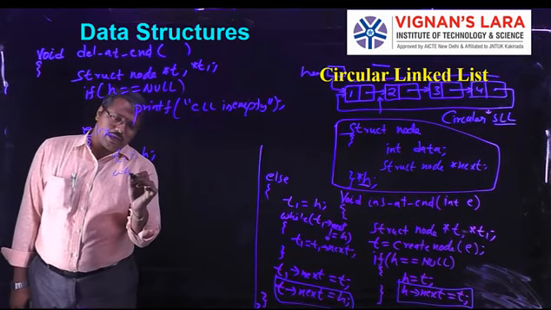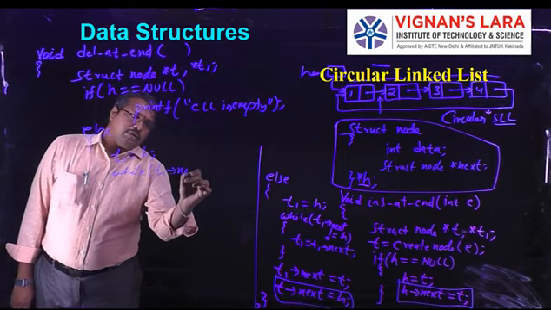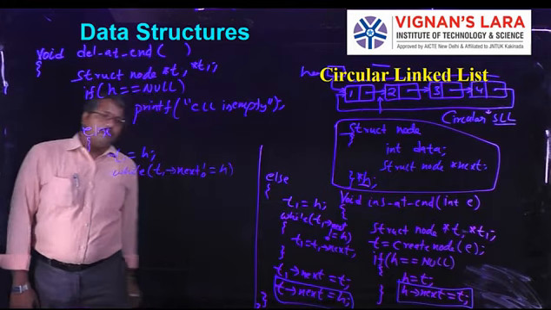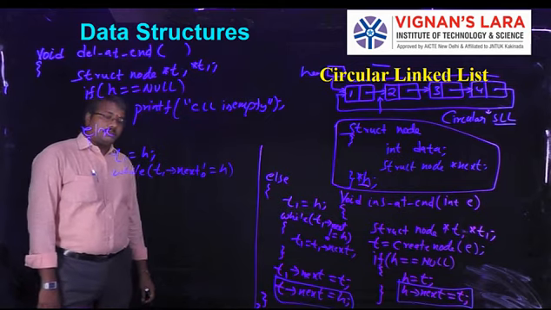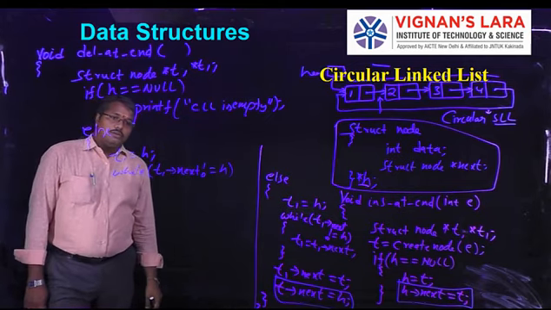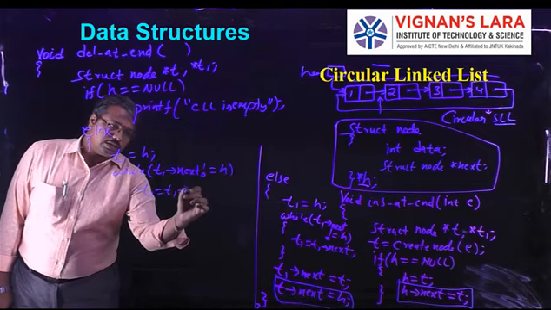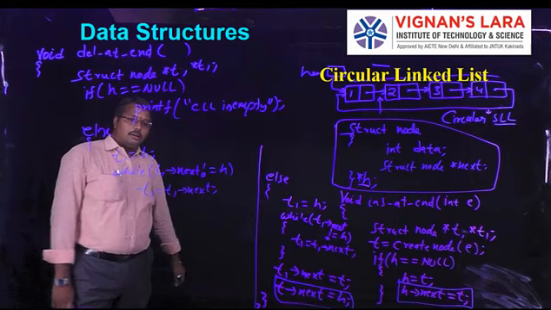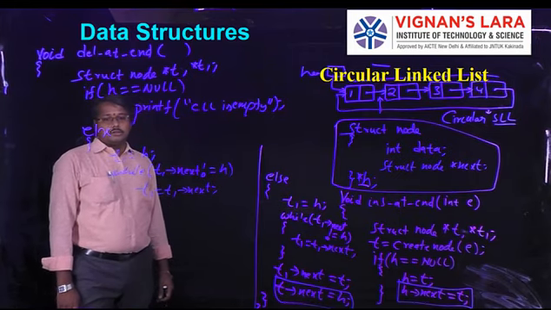So next, what we have to do means we need to travel. Same loop I am applying. While T1 of next not equal to h, what would you do? T1 is equal to T1 of next. Suppose the condition is true, we need to travel in the linked list.